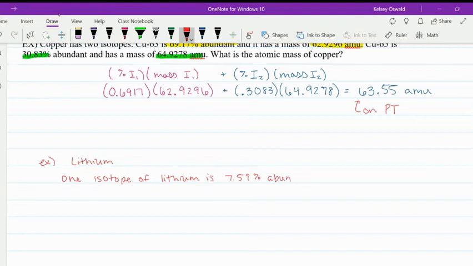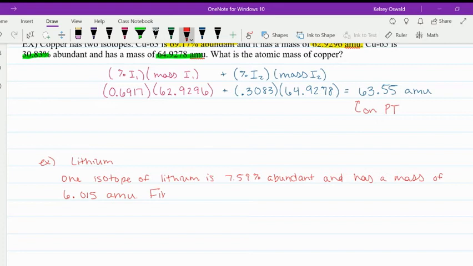So 7.59% of all the lithiums are this isotope. And this isotope has a mass of 6.015 AMU.